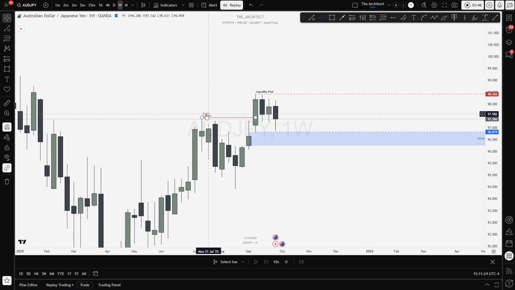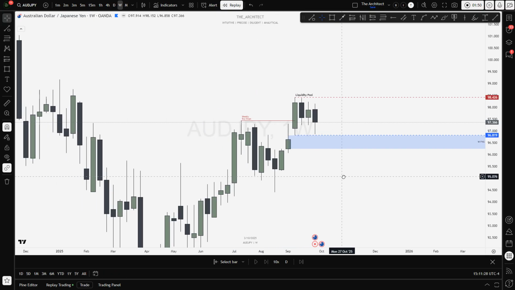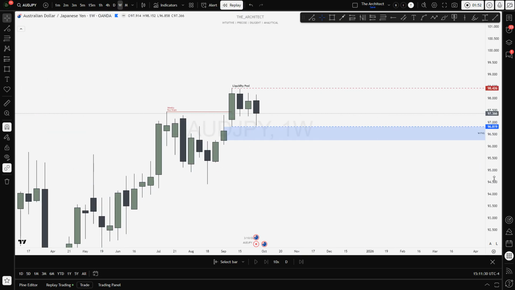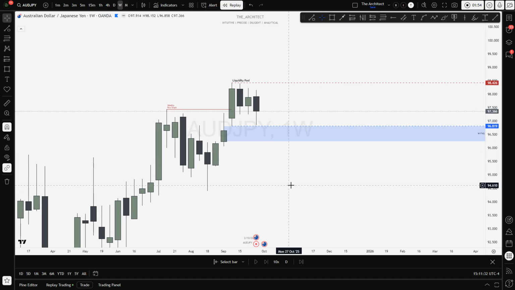Once external range liquidity is taken, we'd like to see the market draw towards internal range liquidity, which is in the form of a fair value gap. We can see that after we hit this external range liquidity for the past few weeks, we started consolidating there.